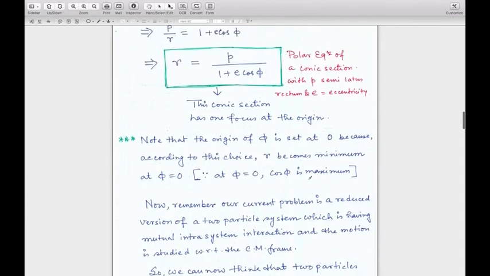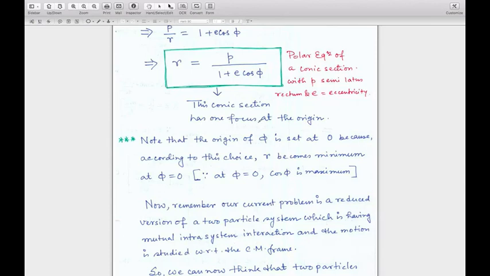So here you can see one thing. If you go through coordinate geometry once again, or if you know it already, that's good, you will understand that this is nothing but the equation of a conic section having one focus at the origin.